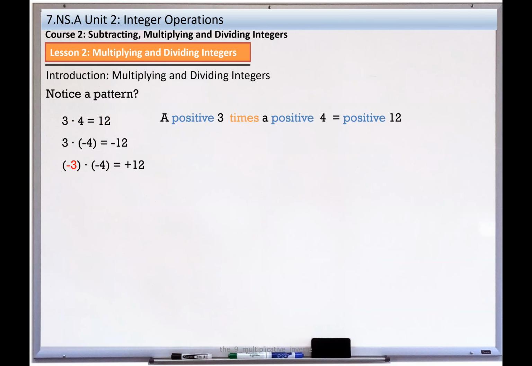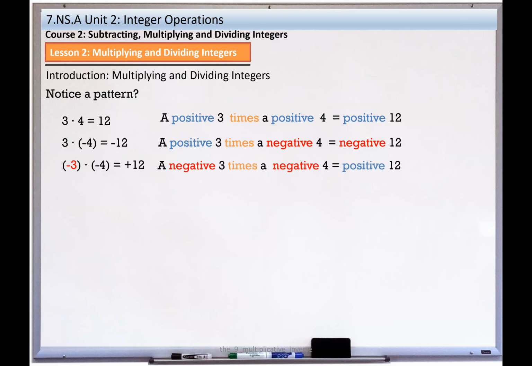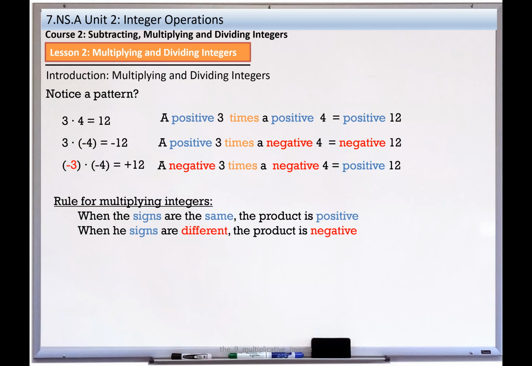A positive times a positive gives you a positive number. A positive times a negative is a negative. And a negative times a negative is positive. Now, if that's a bit confusing, see if you can remember this. When I have the same signs, or if both of them are positive, both of them are negative, my answer has to be positive. Negative, negative gives me a positive.